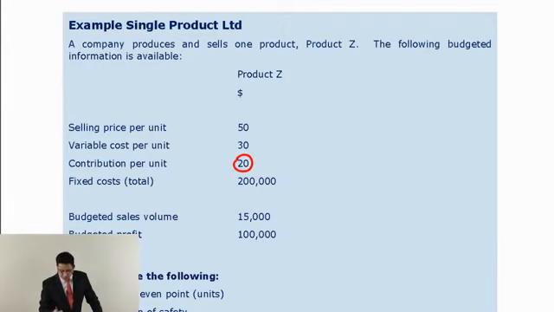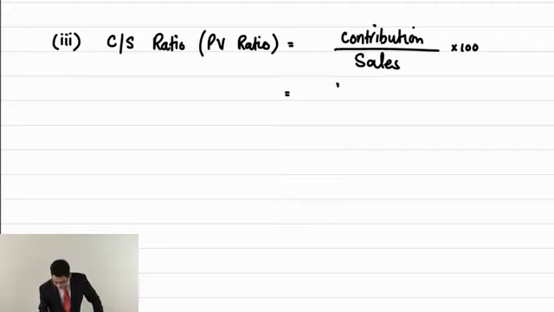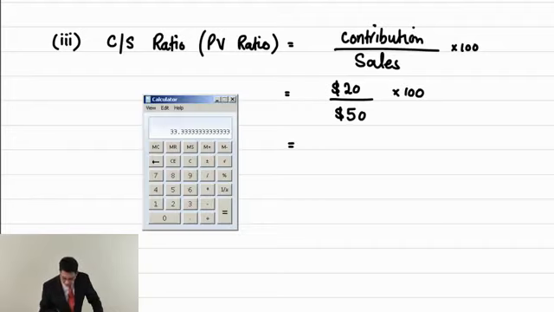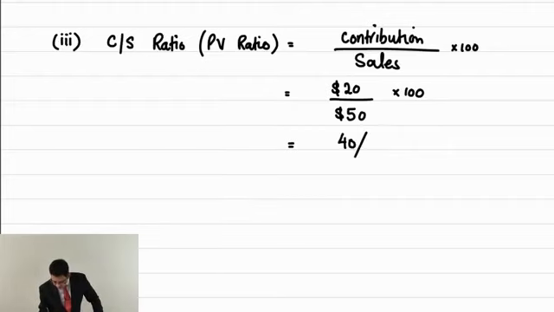Contribution is 20 divided by selling price 50. And we get 40%.